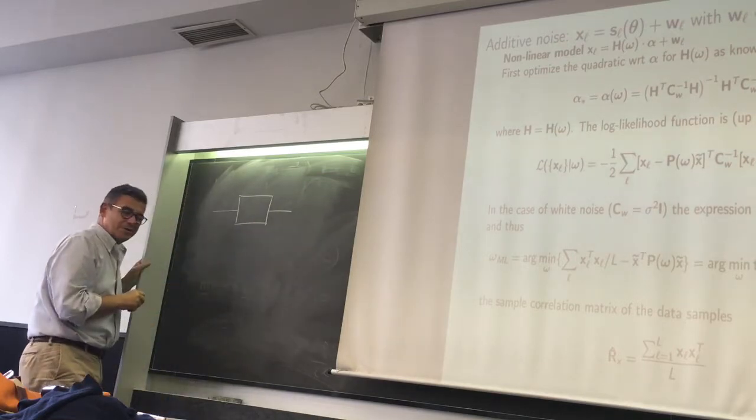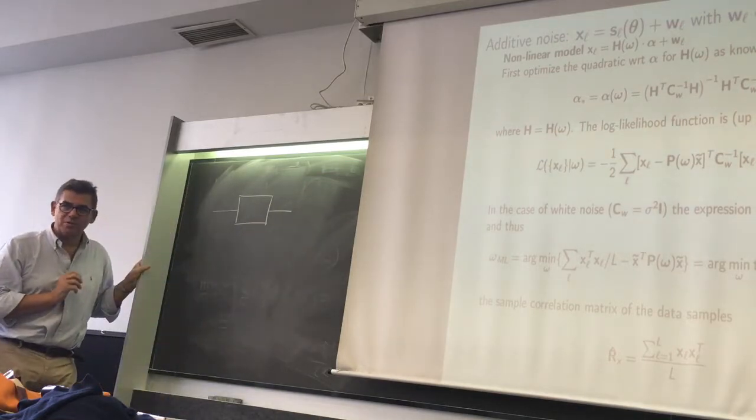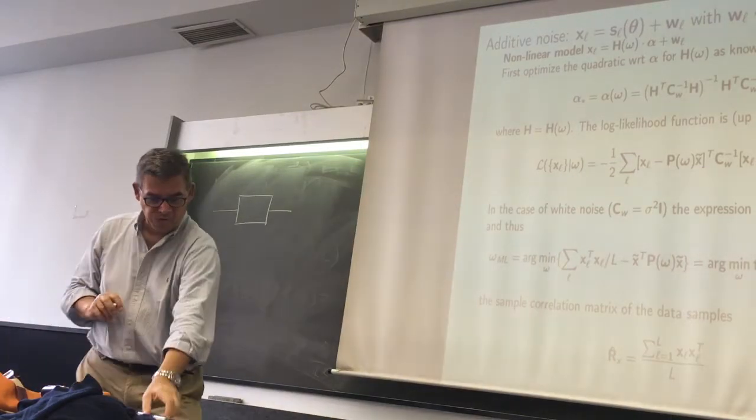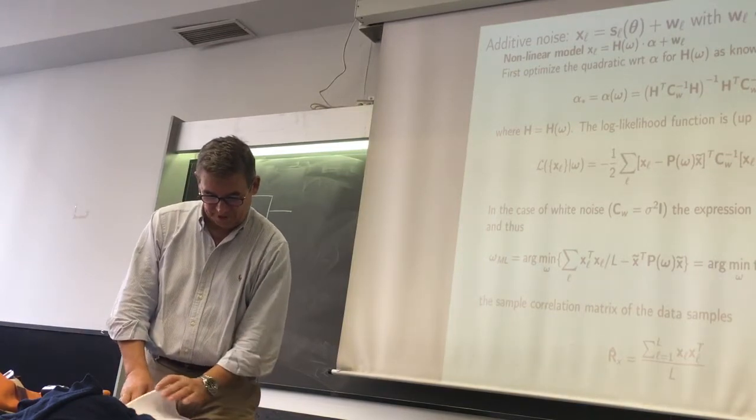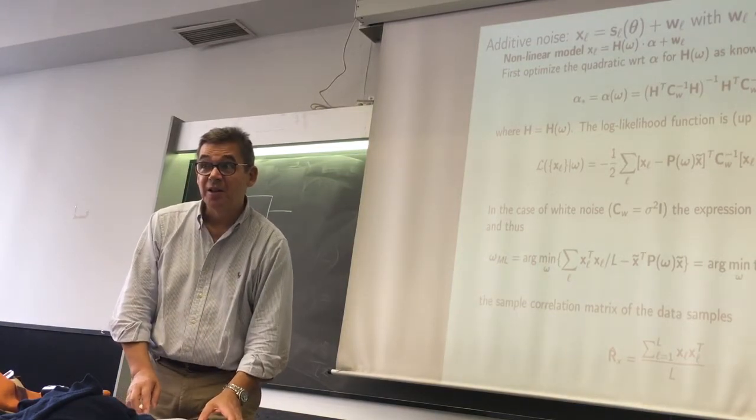And what was it estimating, U or G? I think it was a channel estimation.